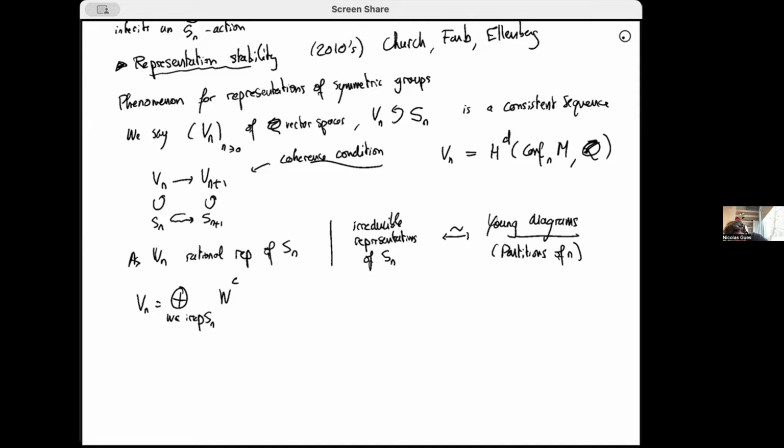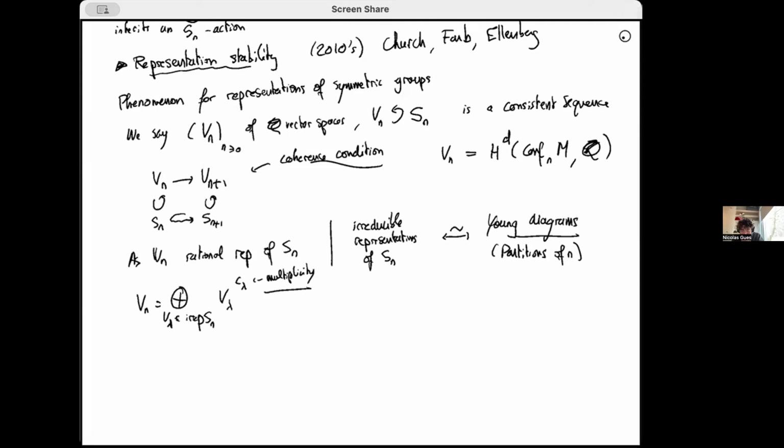So maybe I'll change my notation. So lambda is a partition, and V lambda is the representation corresponding to it. And I can write that Vn is the sum of V lambda to the C lambda, which is the multiplicity.